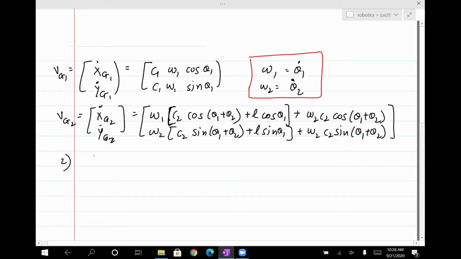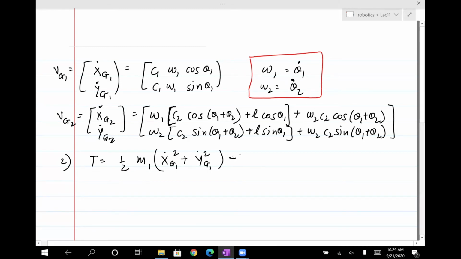The second step is to figure out the kinetic energy. That's half m1 times x dot g1 squared plus y dot g1 squared. So that's the kinetic energy of link 1, but that's only the translational part.